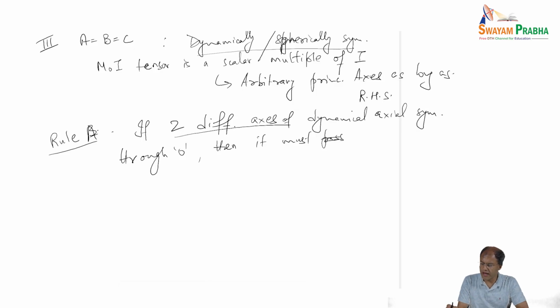So if two or more axes are dynamically axially symmetric, then it's a spherically symmetric object.